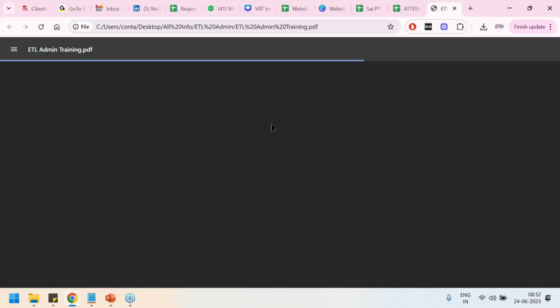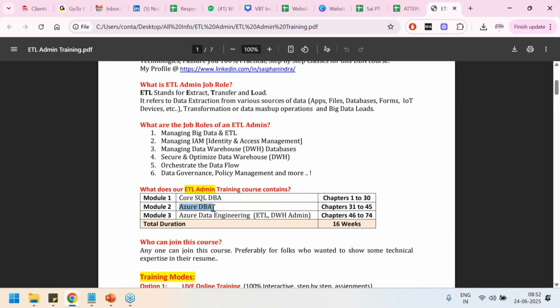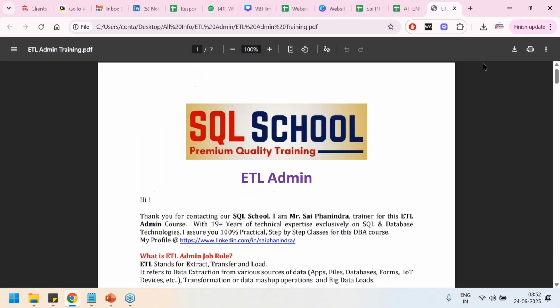This is your answer to the question. Azure DB, got it. Core DBA, Azure DBA, and then ETL. We'll do it step by step, slowly.